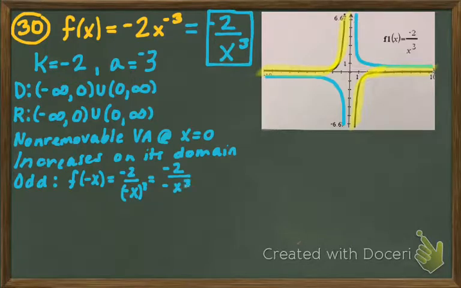So I can write the same thing without the parentheses, and then the negatives cancel off and leave me 2 over x cubed, which is the same thing as what we started with except the opposite sign. So that tells us that f of negative x equals negative f of x, so the function is odd.